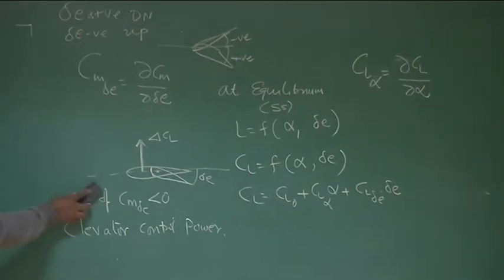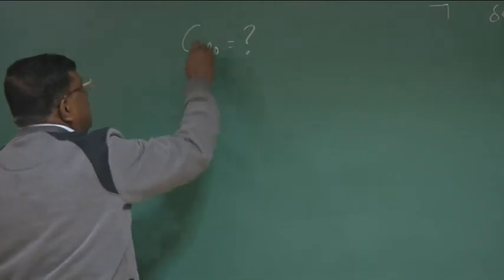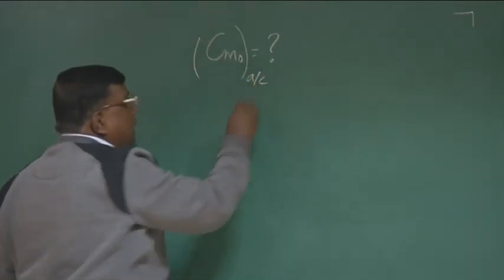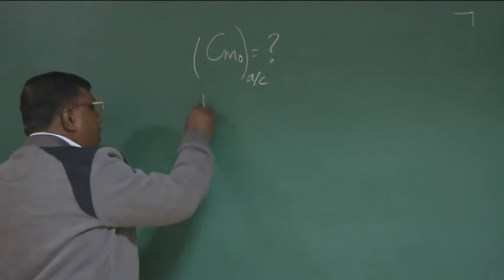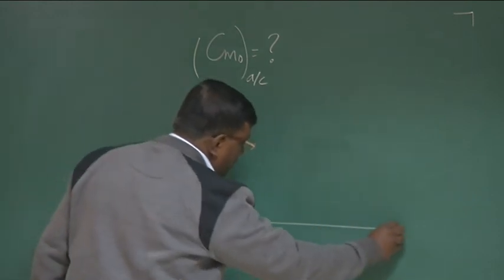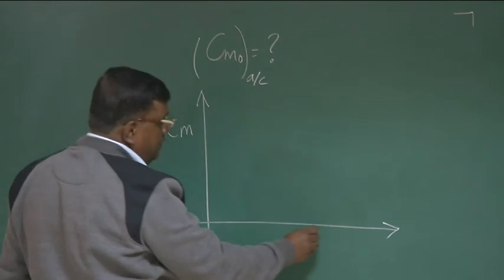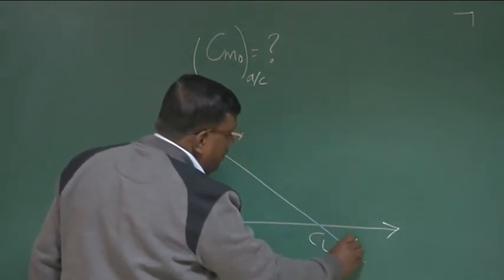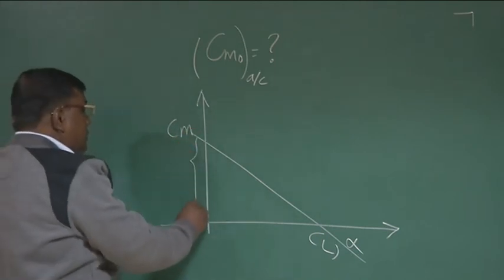Now next we will try to know what is Cm naught. When I write Cm naught, it means Cm naught of the total aircraft. What is in our mind when we talk about Cm naught? We have seen Cm versus CL, or alpha, whatever suits you. This part is Cm naught.